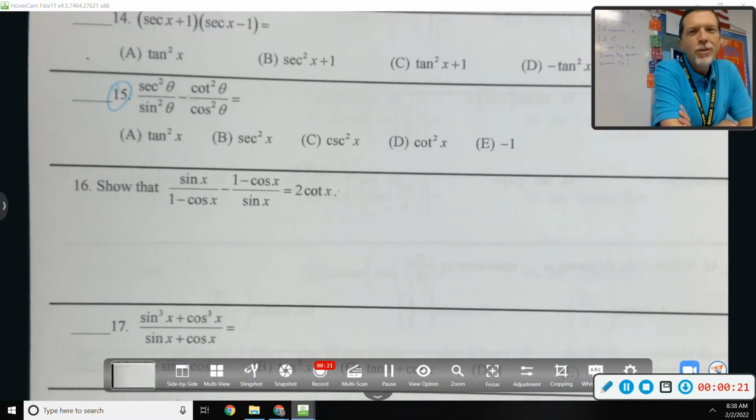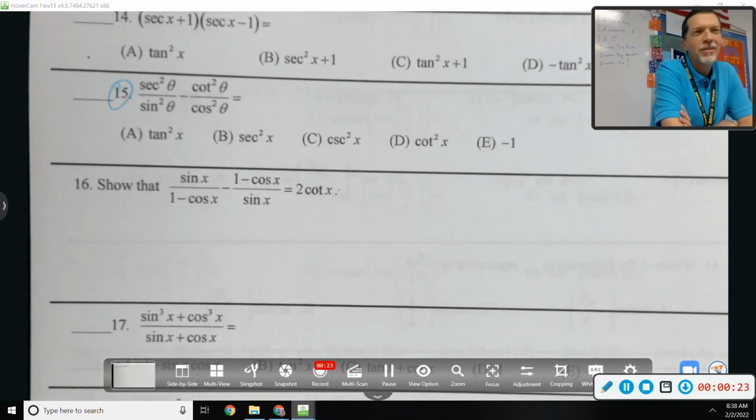But you want to do some of these in your head to see if it would even help. If I change cotangent to cosine over sine, maybe not. So I'm going to put that idea on hold. Potentially there's Pythagorean identities, but nothing stands out just yet.